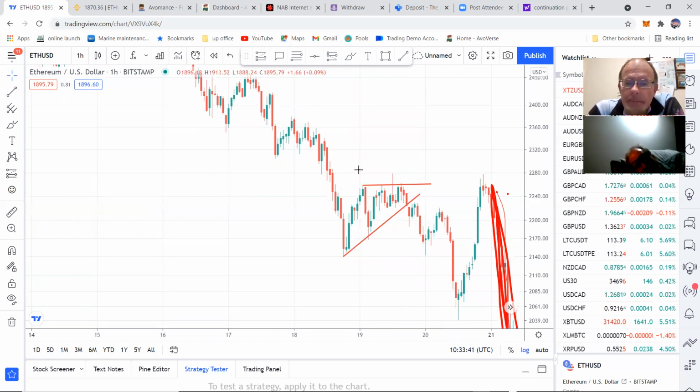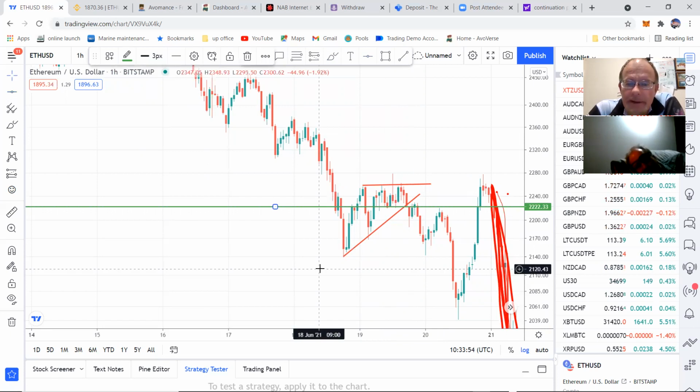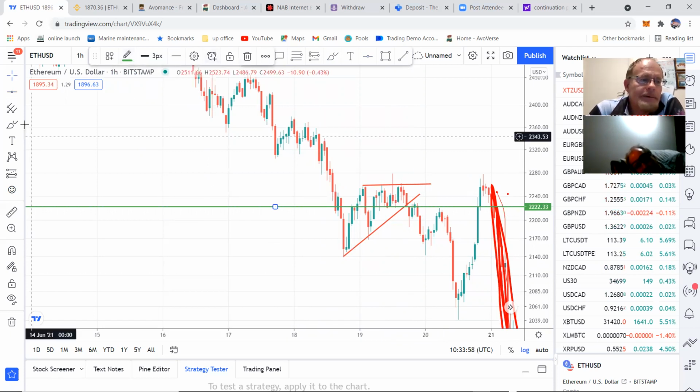So where you would place a trade would be where this red one started, right about there. And that would have been a sell or short on the market.